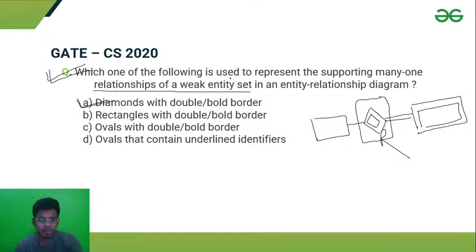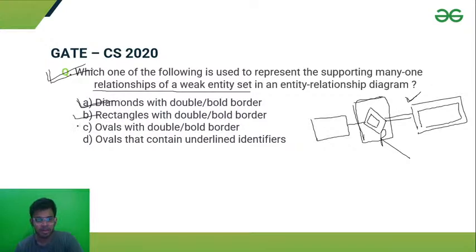Again, which of the following is used to represent the supporting many-one relationship of a weak entity set in an entity relationship diagram? The answer is a diamond with double border. Many of the students have marked B, thinking the question asked for the diagram of the weak entity, because the weak entity is represented by a rectangle with double border.